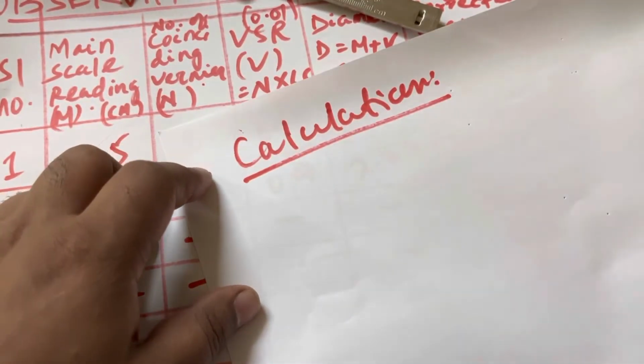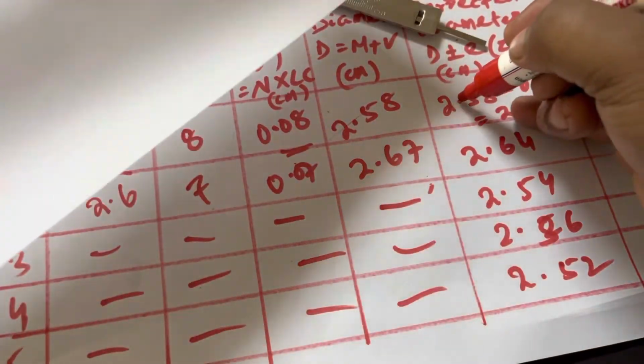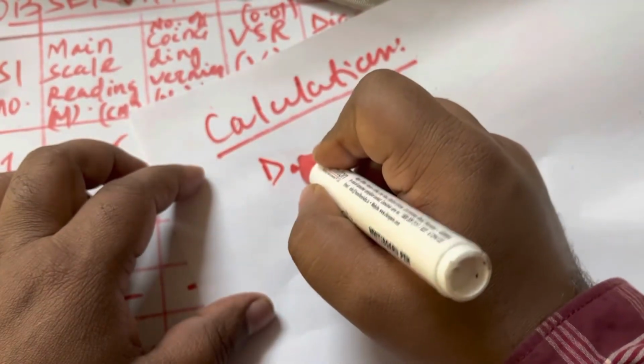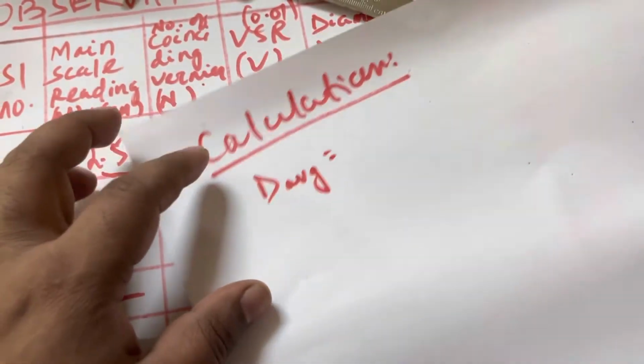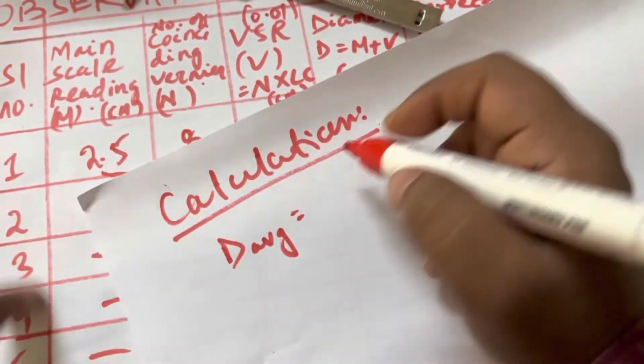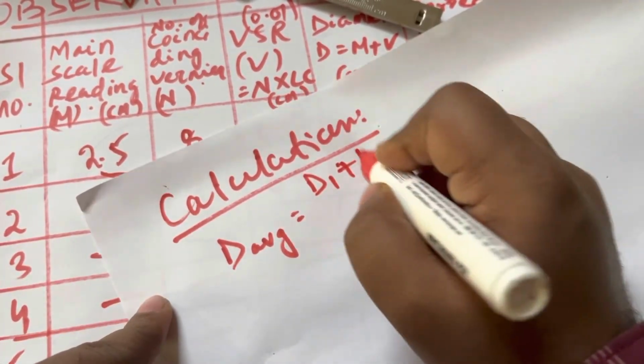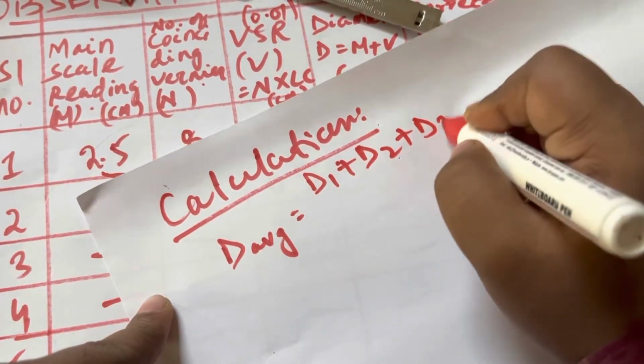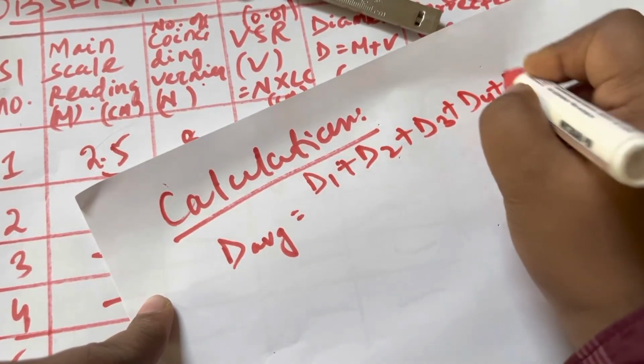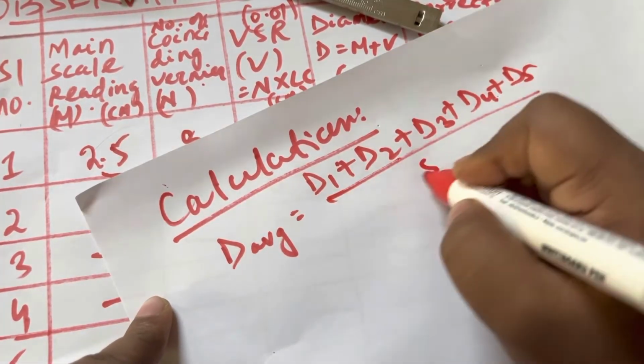In the calculation part, you just average out all the D. So D average, the average diameter, is equal to D1 plus D2 plus D3 plus D4 plus D5 divided by 5, since you have taken 5 readings.